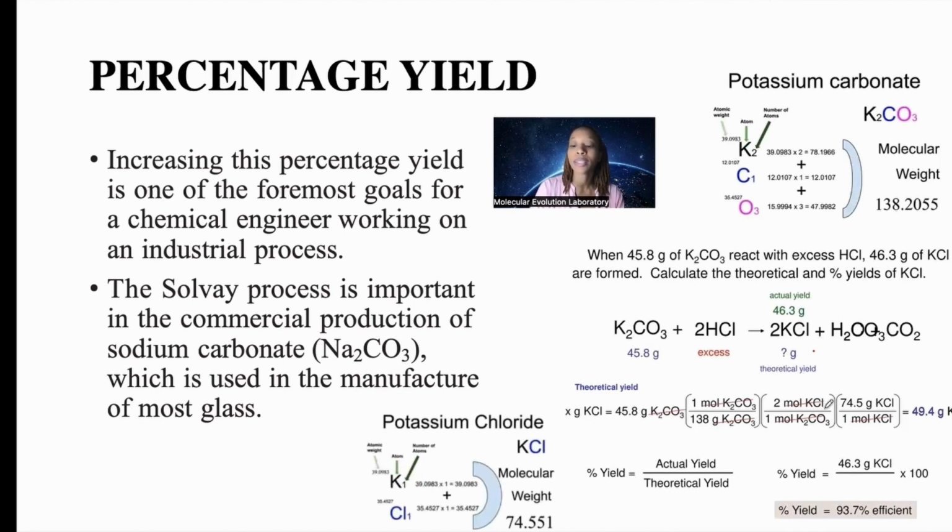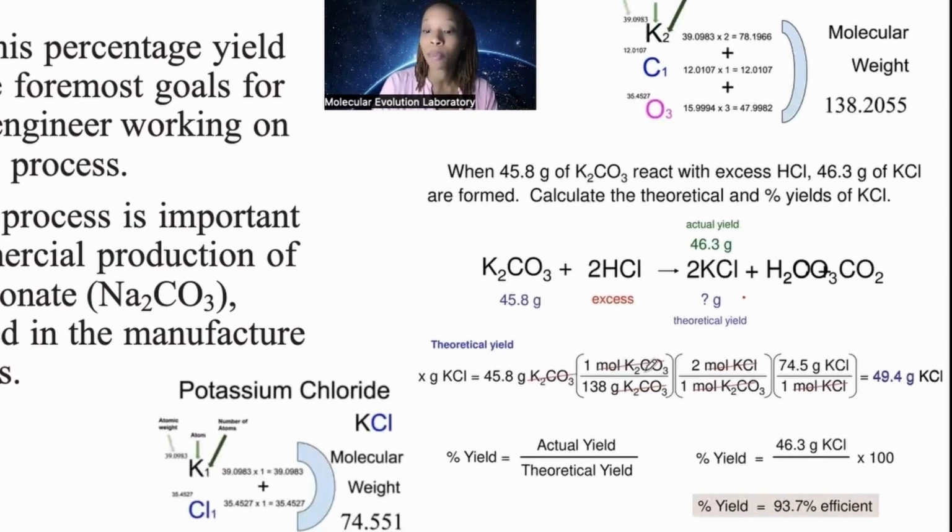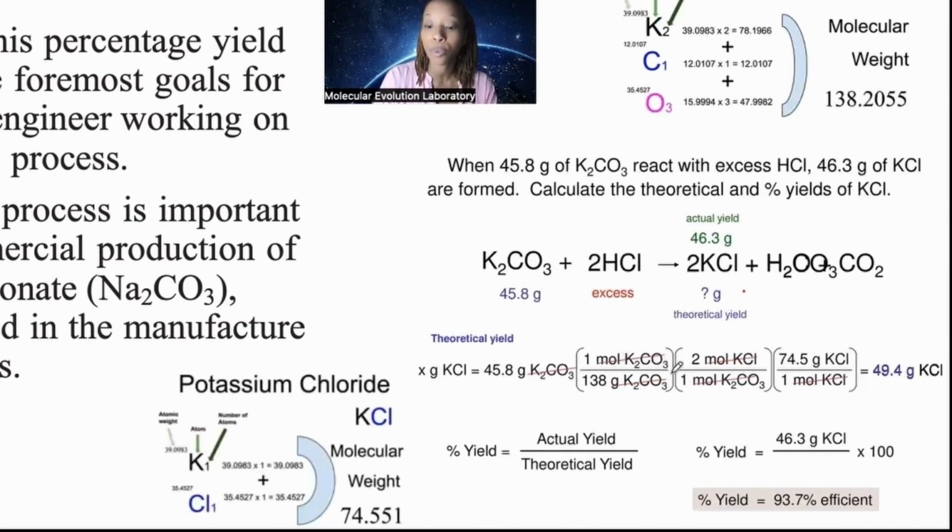2 moles of potassium chloride divided by 1 mole of potassium carbonate. Each mole of potassium chloride is 74.5 grams of KCl. So this would basically be 45.8 grams divided by 1 mole of K2CO3 divided by the actual mass in grams, times 2 moles of KCl, divided by 1 mole of K2CO3.